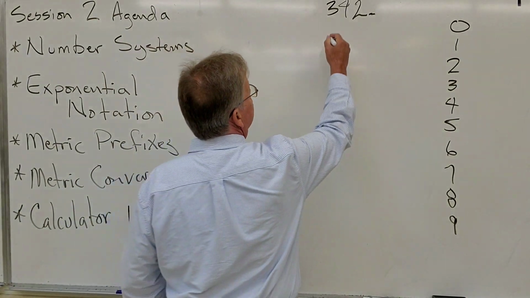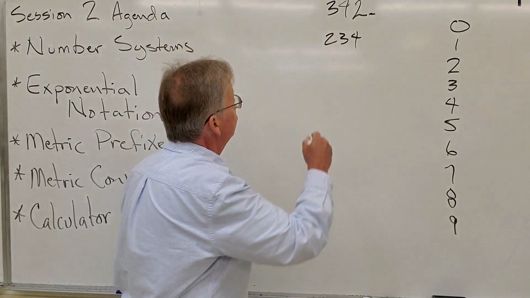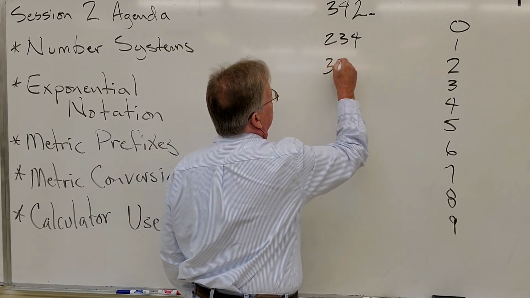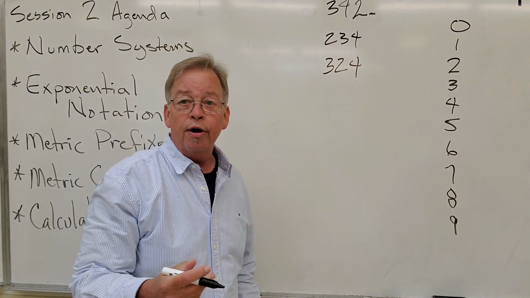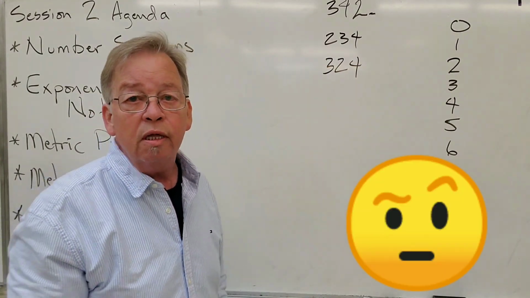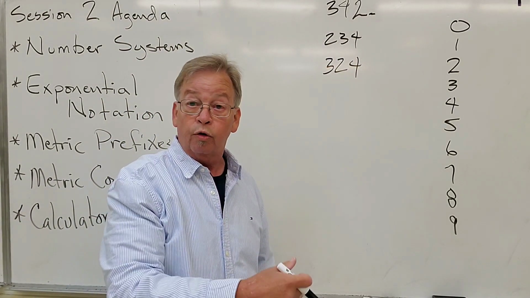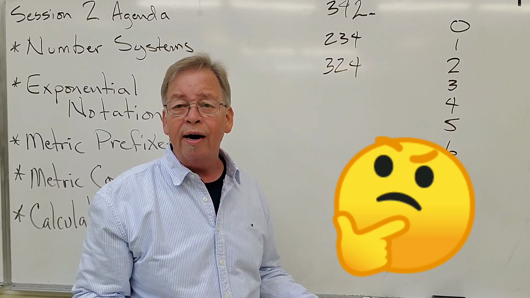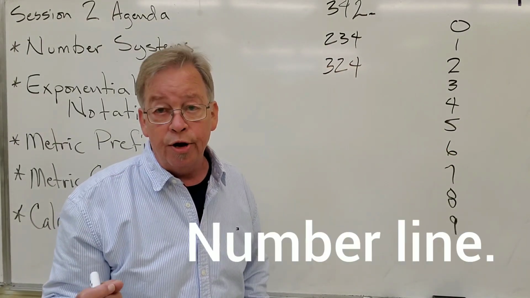In other words, is that 342? Is that 342? Well, no, they're not. So there is definitely an order in which these digits need to be placed in order to represent this quantity. Where does that order come from? It comes from what we call a number line.